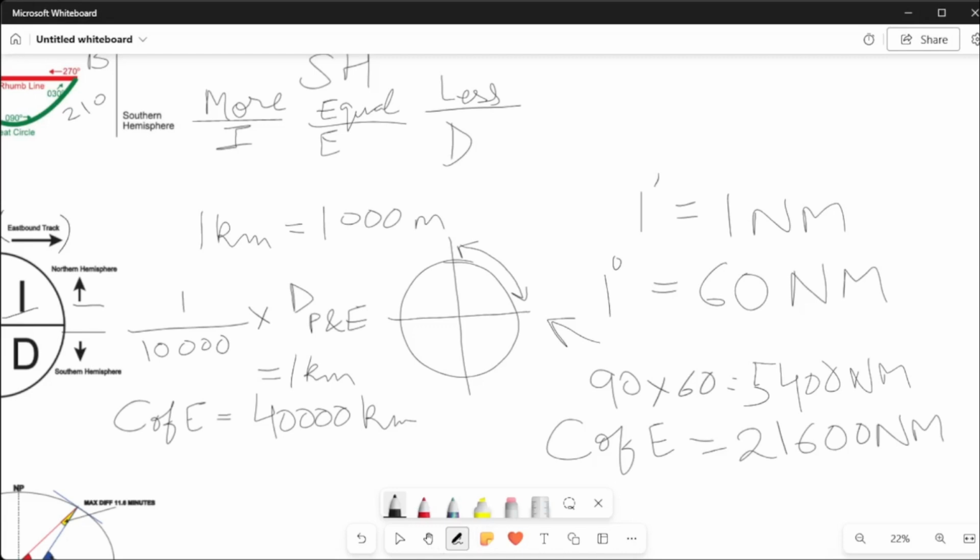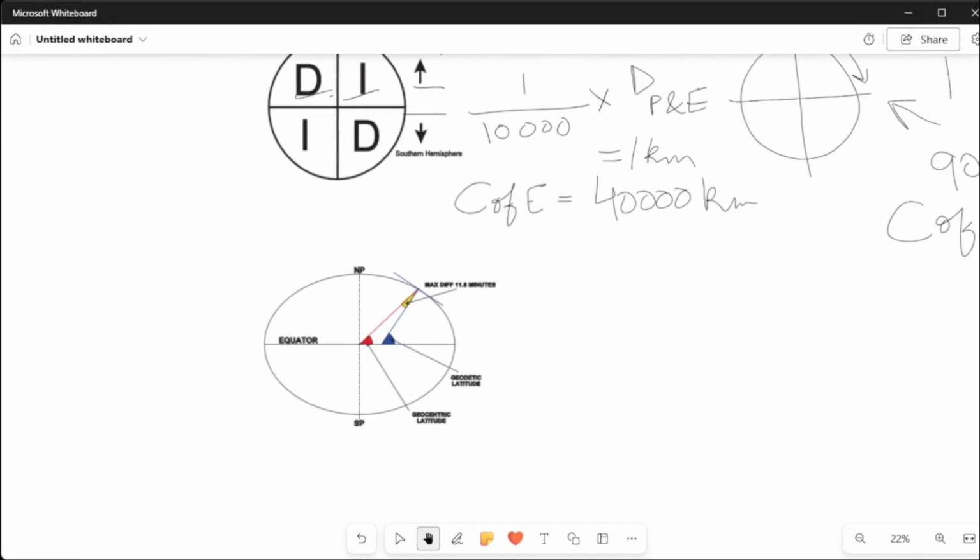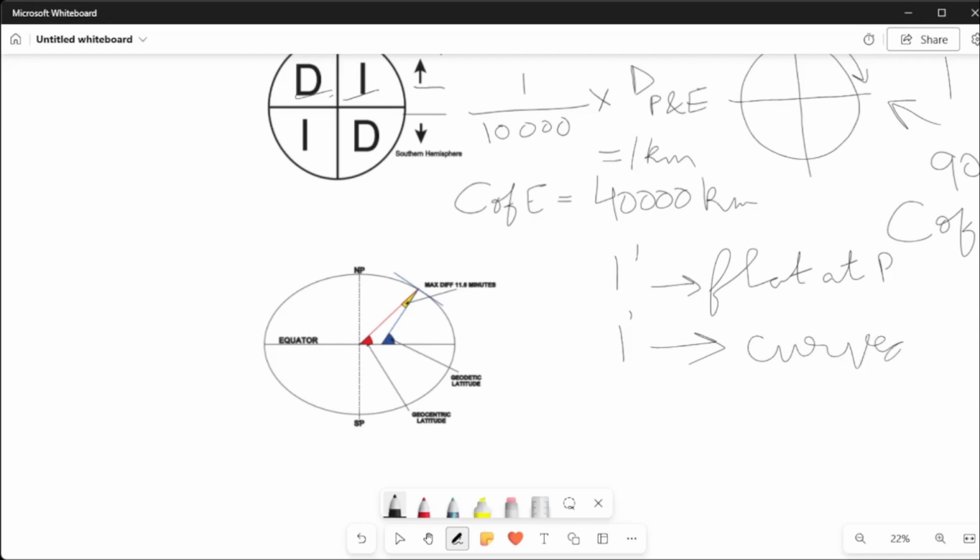The next topic is the variation in the length of a nautical mile. We all know that the Earth is an oblate spheroid and not a perfect sphere, so it is flatter towards the poles and more curved at the equator. So 1 nautical mile, that is 1 minute of arc, will be flatter at the poles and hence have more distance, and similarly 1 minute of arc will be curved at the equator and hence have less distance.